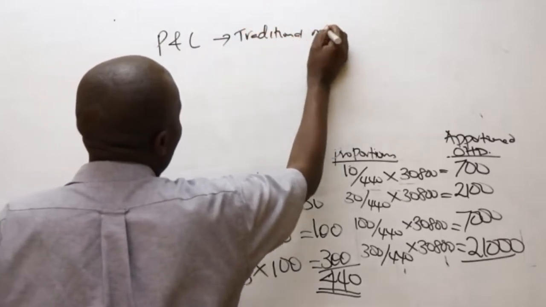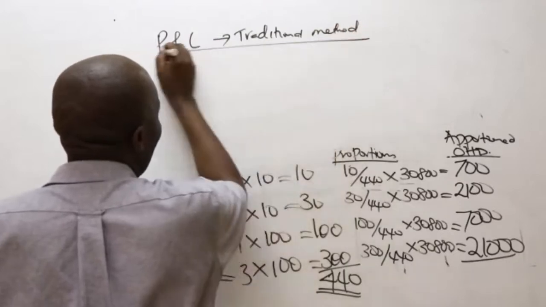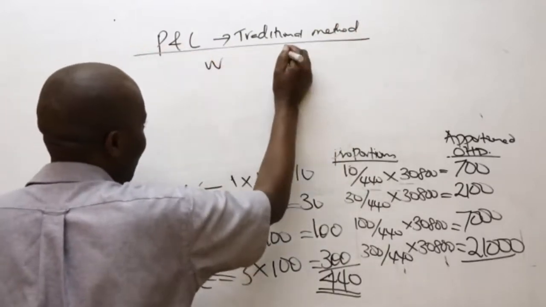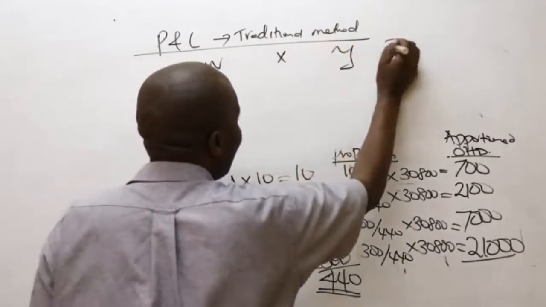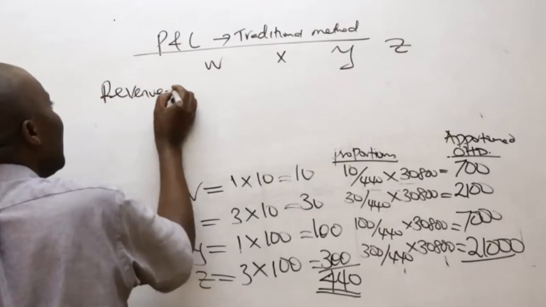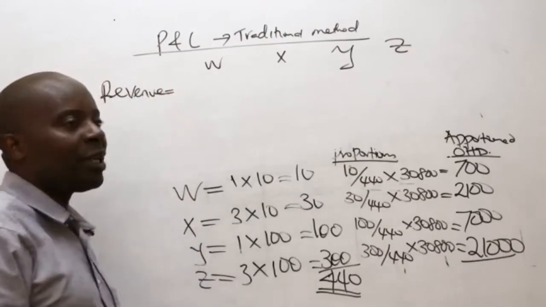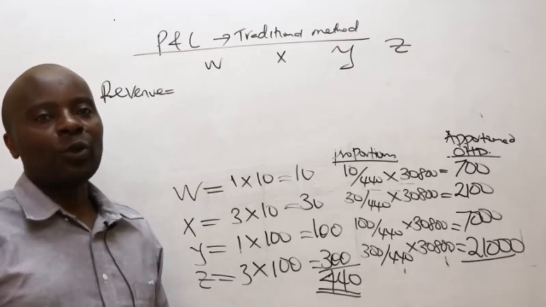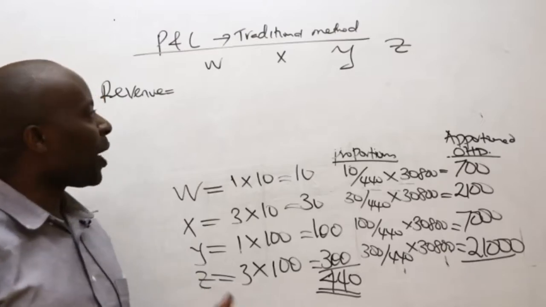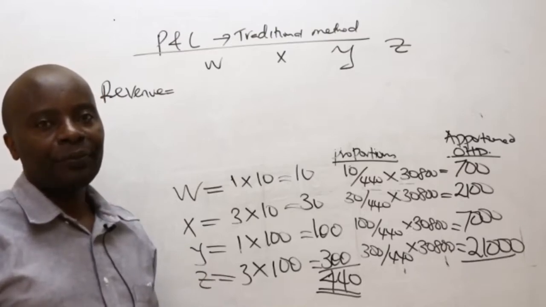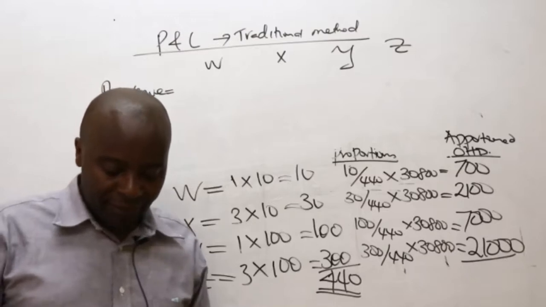We have our products W, X, Y, and Z. I need you to give me the revenues. Remember, to get revenue, we normally take price times quantity.